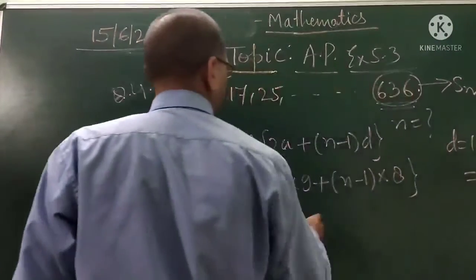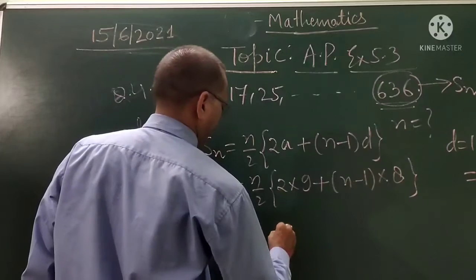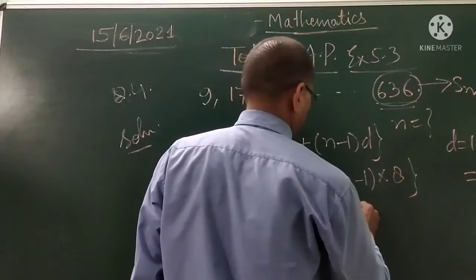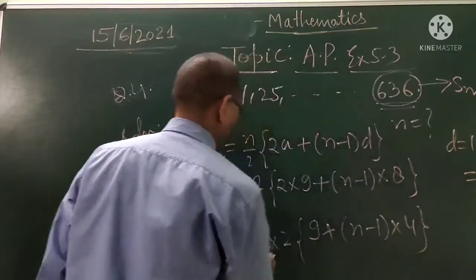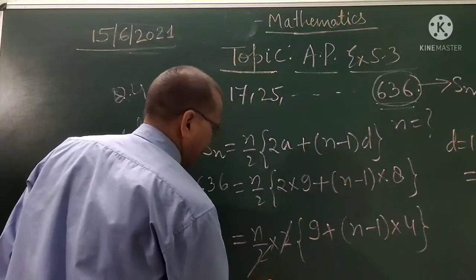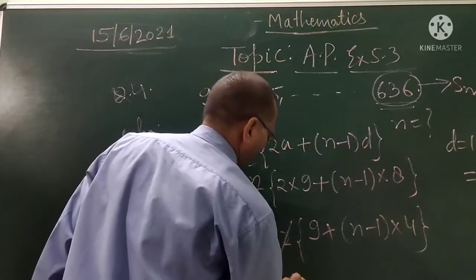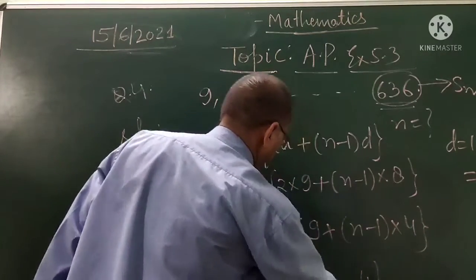Now, 2 is common here. It is 9 plus n minus 1 into 4. 2 cancels. Then it is n into 9 plus 4n minus 4.